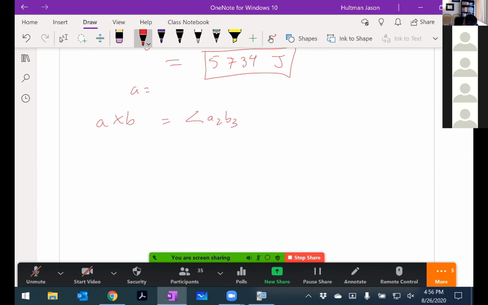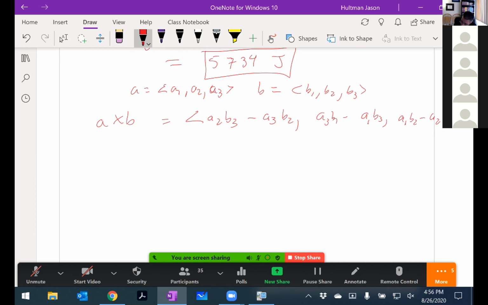A is equal to A1 A2 A3, and B is equal to B1 B2 B3. Then A cross B is A2 B3 minus A3 B2, comma, A3 B1 minus A1 B3, comma, A1 B2 minus A2 B1.